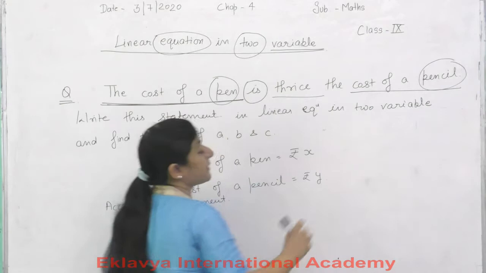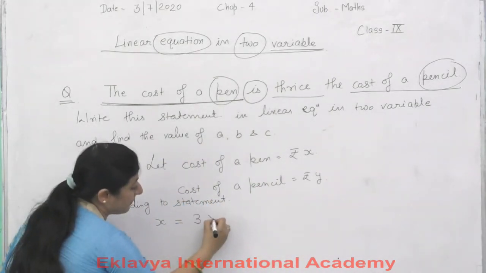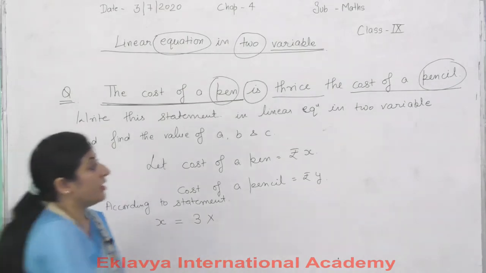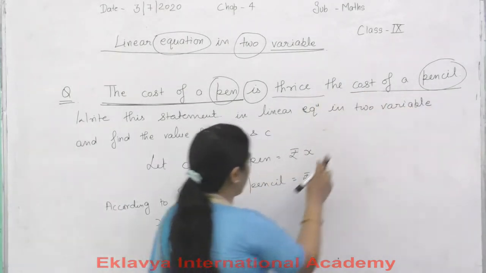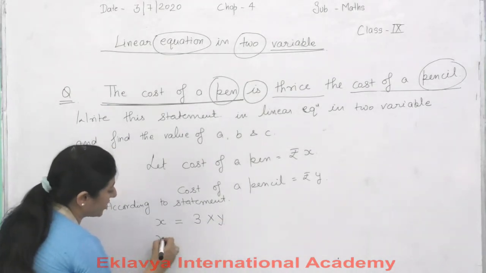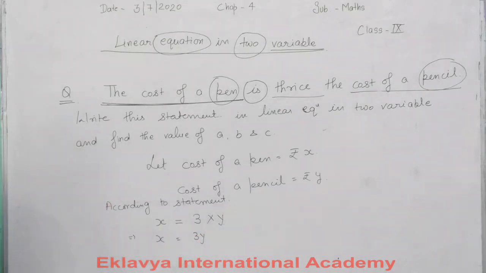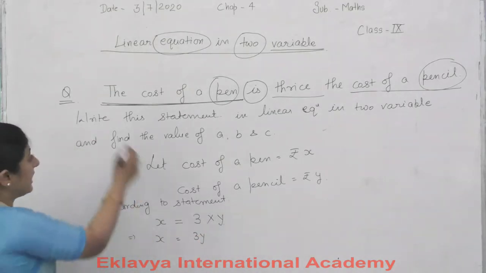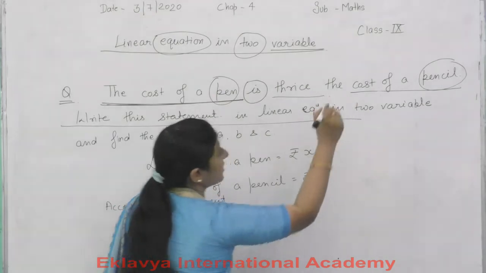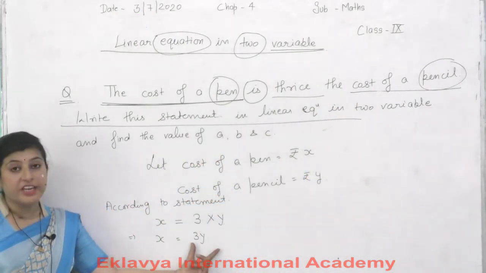Thrice means 3 times, that is 3 multiplied by the cost of a pencil, which is y. Then the equation becomes x is equal to 3y. This is our answer for writing this statement in a linear equation in two variables.